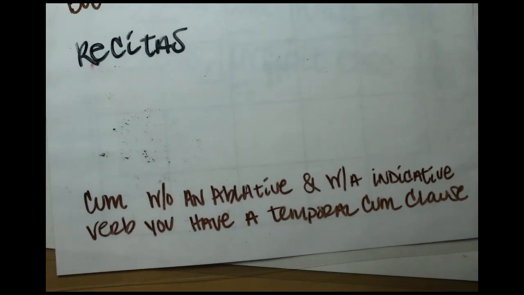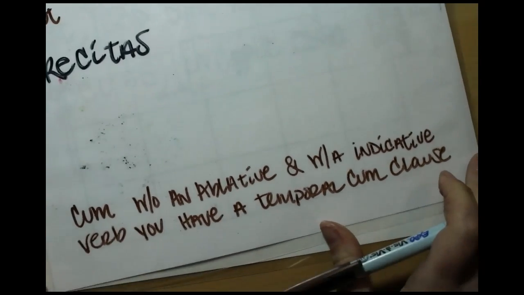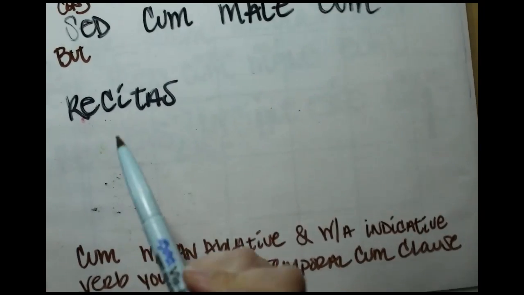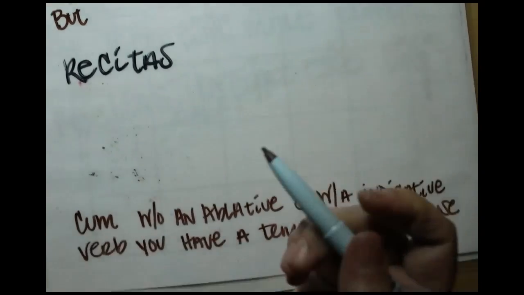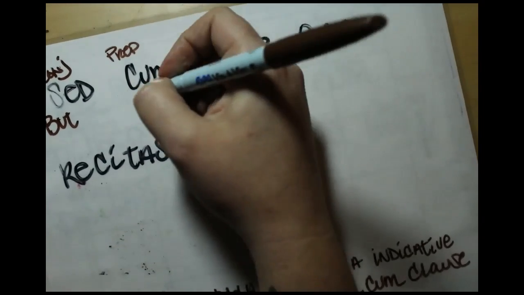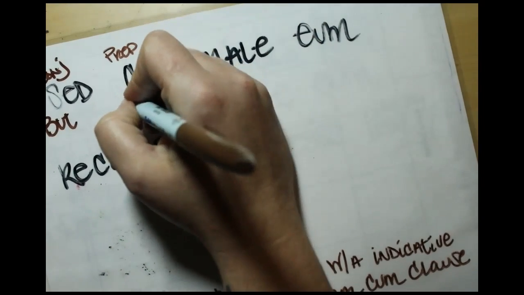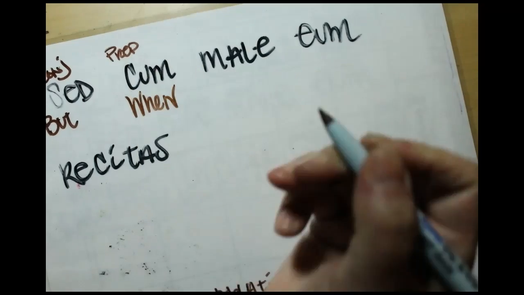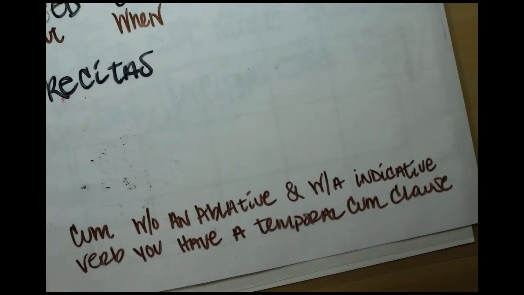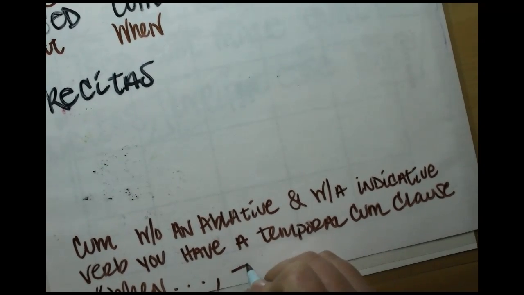Okay, a temporal cum clause. So cum here is introducing a temporal cum clause. Cum is going to take on the meaning of when this thing. So cum will mean when, so when this.